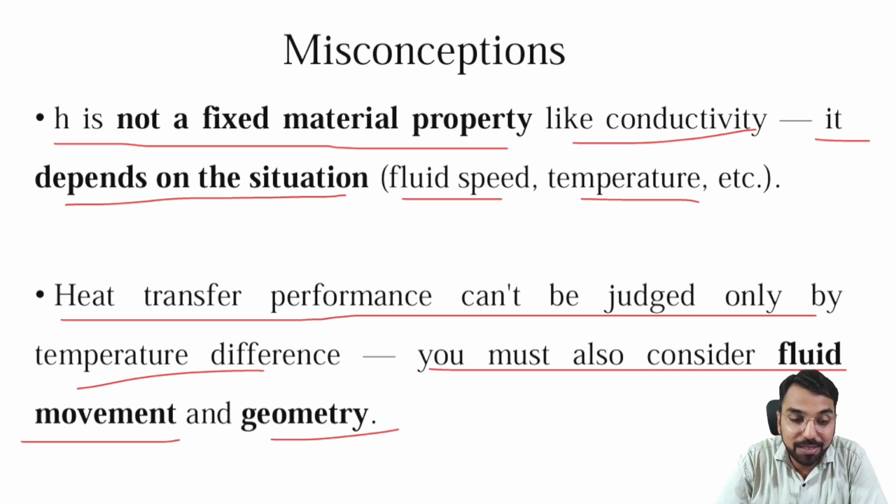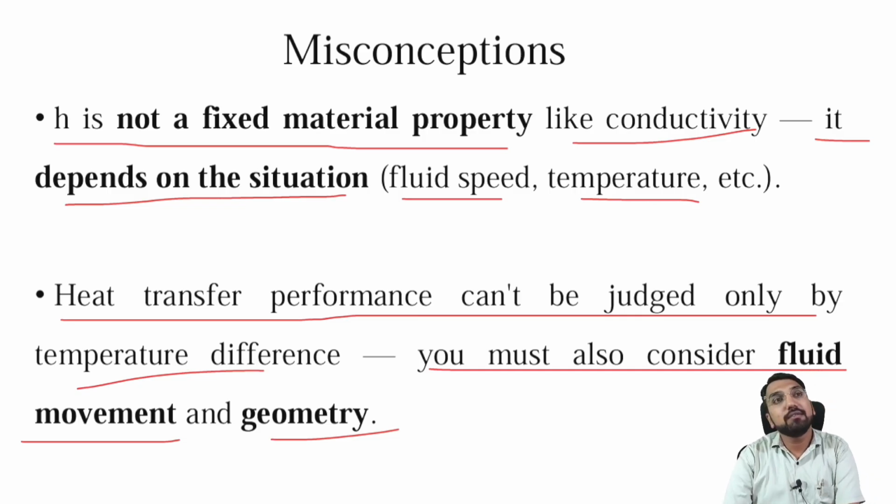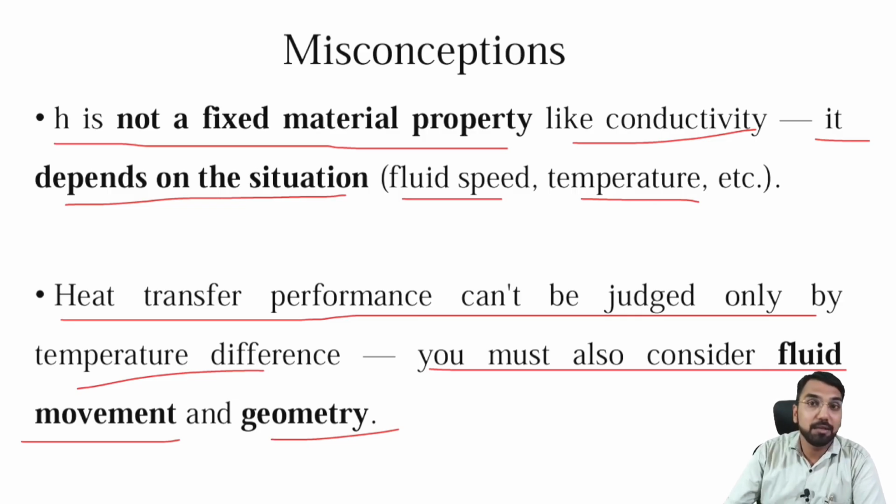So these are some misconceptions about H, because in conduction we take thermal conductivity as a property of material that does not change with situations, only with different types of material. But in convection, H, the convective heat transfer coefficient, changes according to the type of flow or the properties of flow. So these are some misconceptions about the convective heat transfer coefficient.